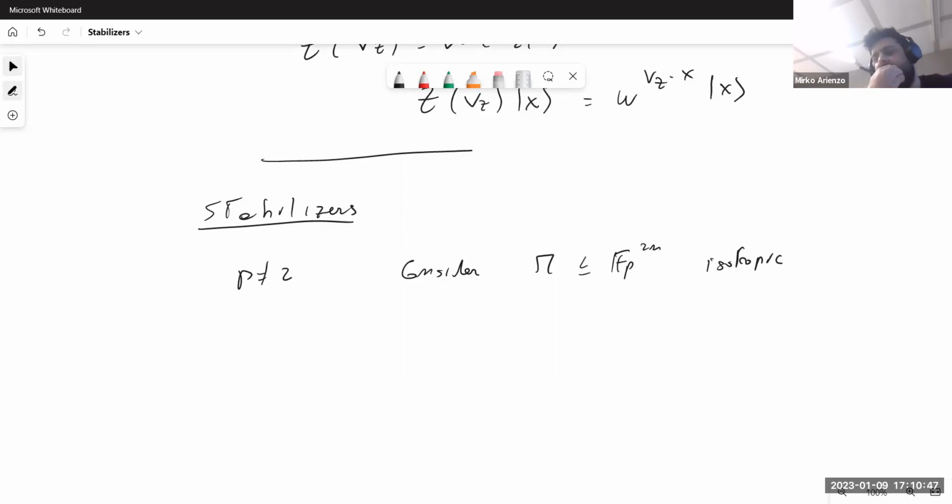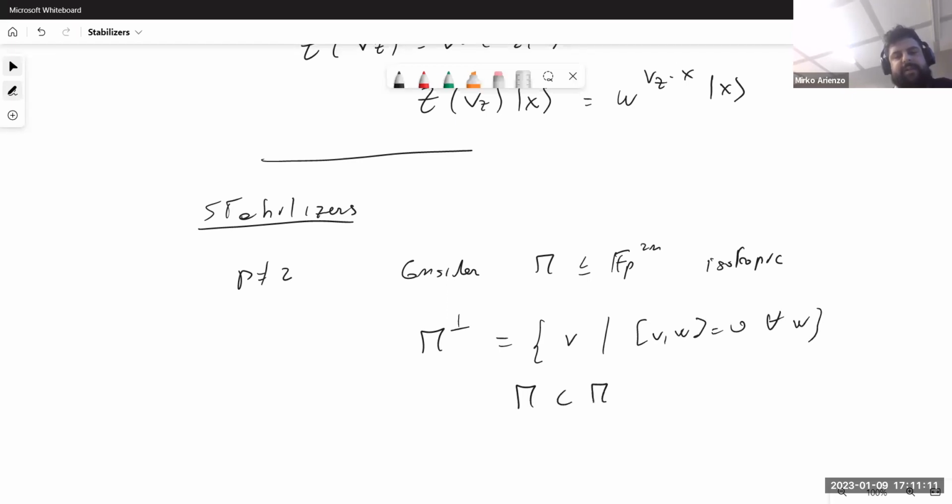To remember what it means: if you consider the orthogonal, this is the group of elements E such that B of E, W is equal to 0 for each W, and then you have that M is contained in M perp.